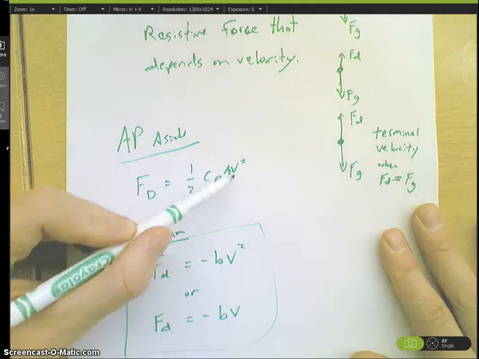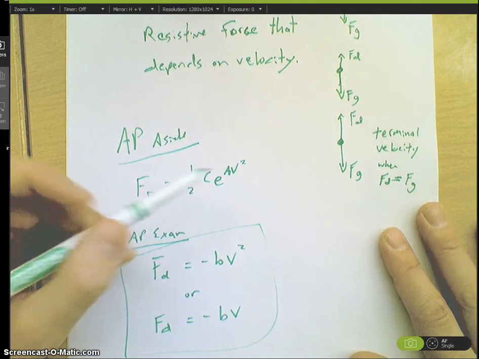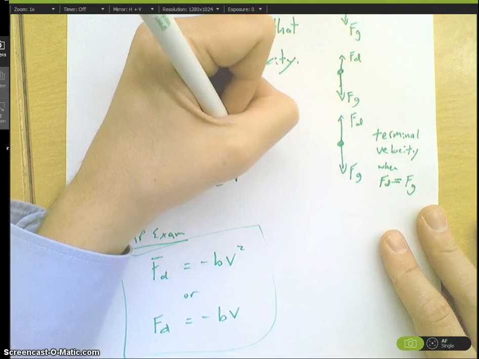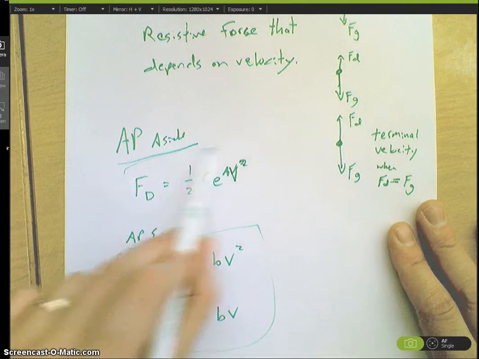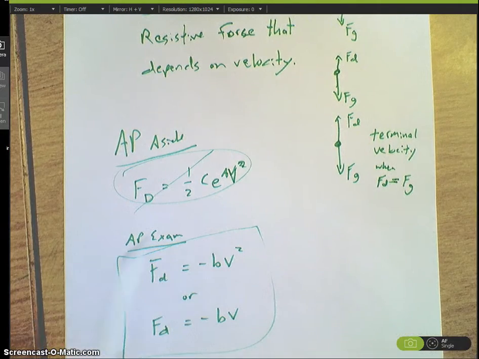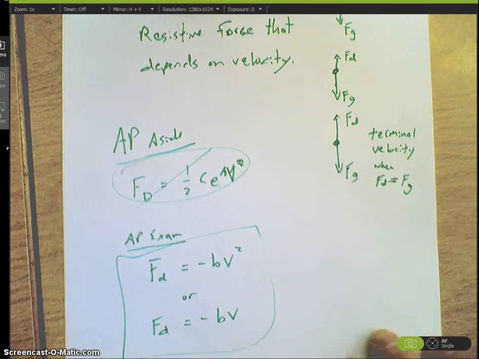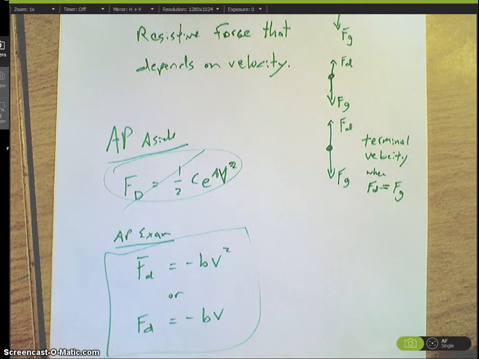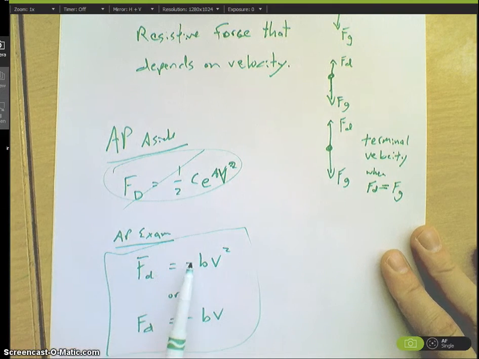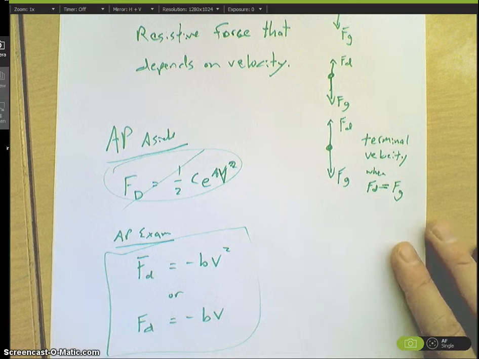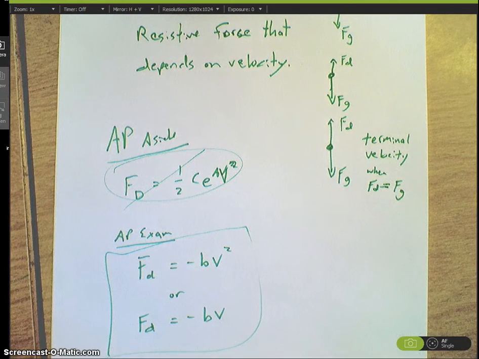They've basically combined all these things into one term. But you're not going to have to use this. I'm not going to have you do homework problems using all this stuff. We're going to stick with the simpler version that the AP exam would most likely give you. So again, they combine all these things into one constant, and they just call it B. They'll call it the drag constant, or the drag coefficient.